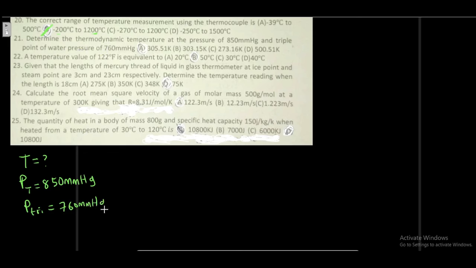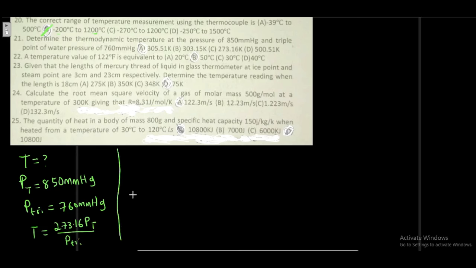We are looking for T. Now our equation is T equals 273.16 times the pressure at unknown temperature all over the pressure at triple point of water.